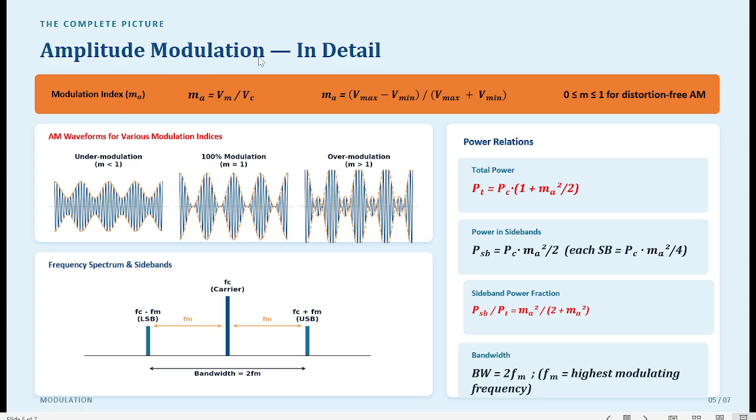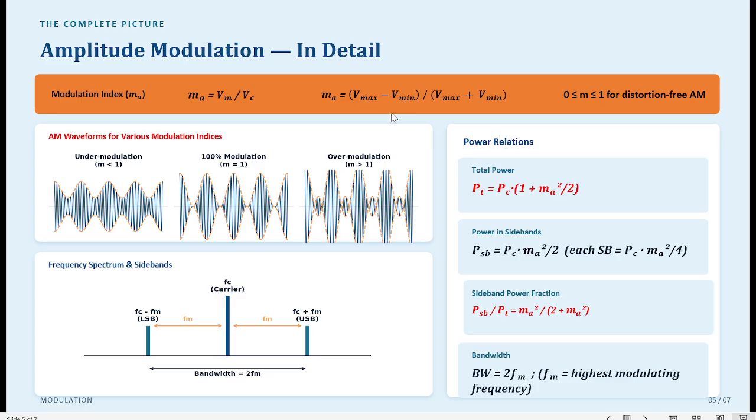Here I have listed some important formulas and I have also shown the amplitude modulated wave. The modulation index MA is given by the ratio of the amplitudes of the modulating signal and the carrier wave. This can also be represented as Vmax minus Vmin upon Vmax plus Vmin, where Vmax is the maximum amplitude of the amplitude modulated wave and Vmin is the minimum value.